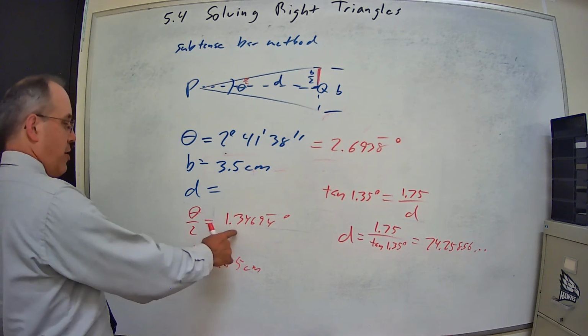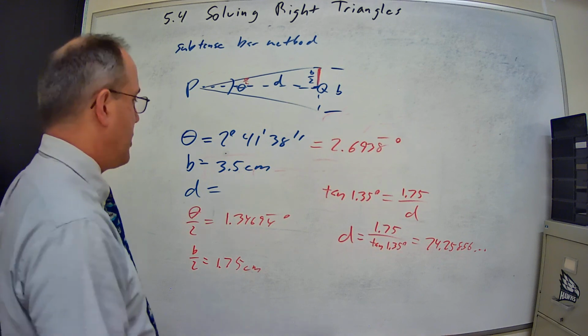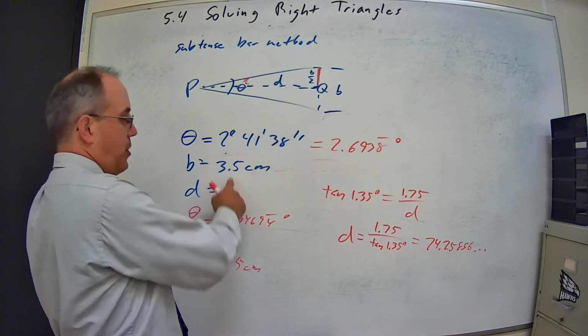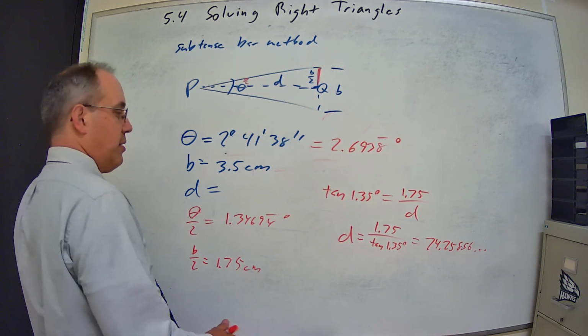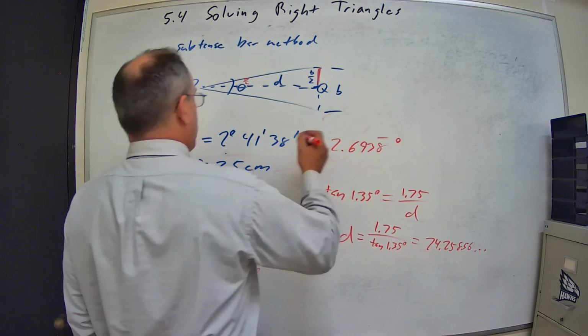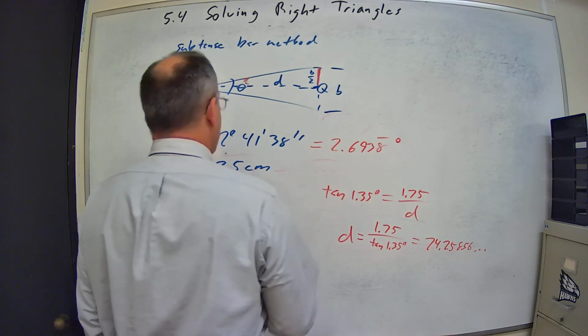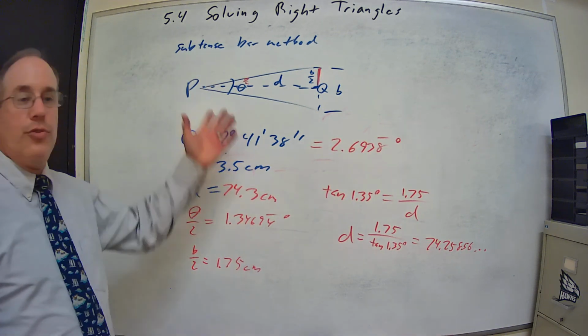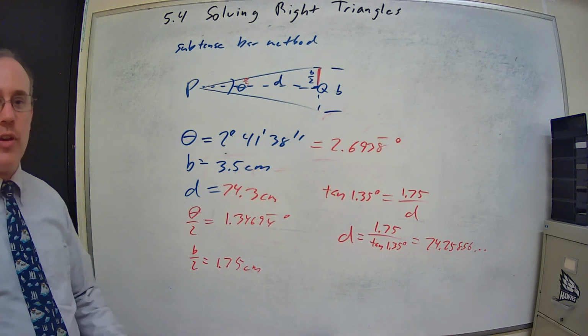We want the nearest 10th place here. So I'm going to make it 74.3 centimeters. So D is 74.3 centimeters using trigonometric ratios. So that finishes up solving right triangles.